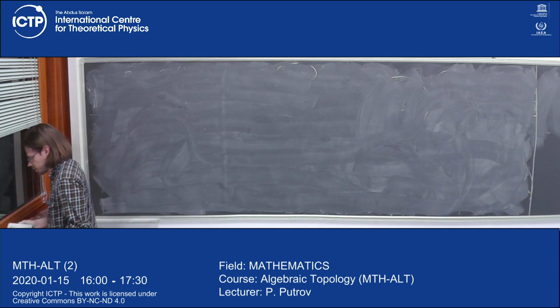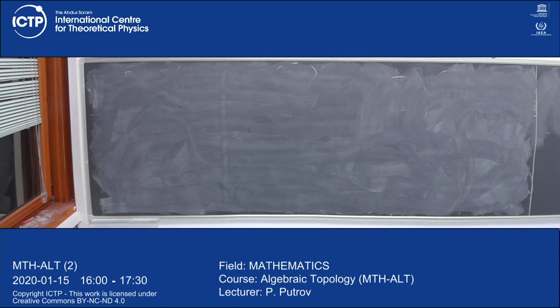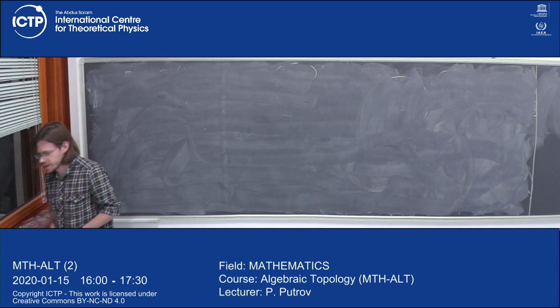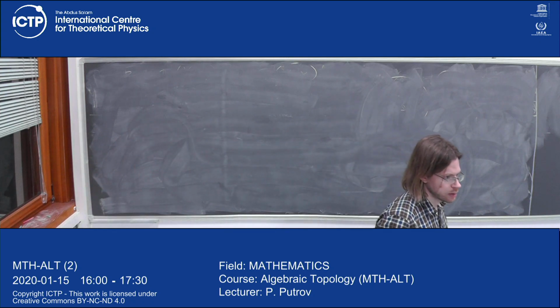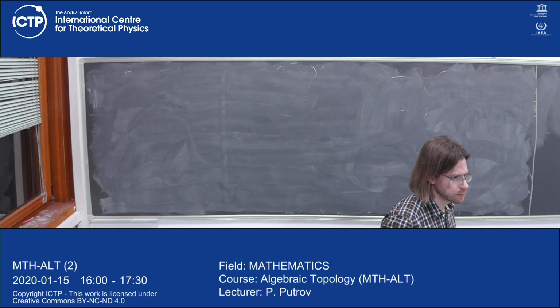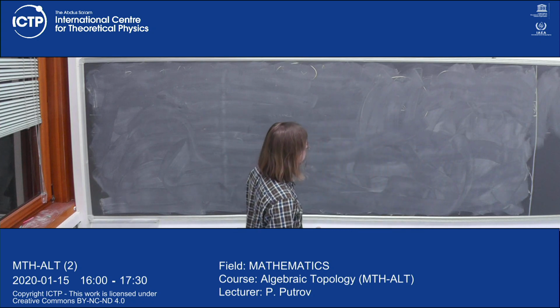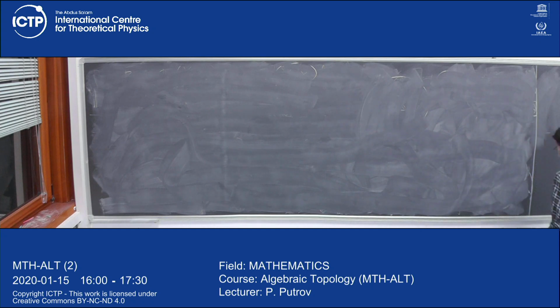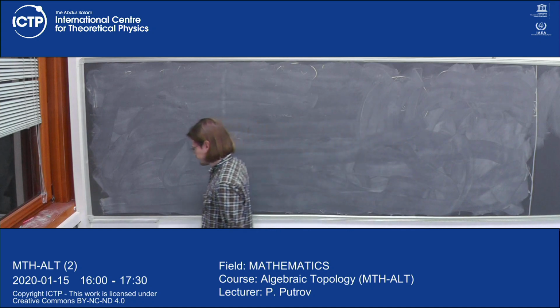You can take just some group which is not defined as a fundamental group of the space, but is still isomorphic to this group. But if we have any isomorphism, can we find a path to define it in this way, to say that the isomorphism can be written the way we wrote it before?